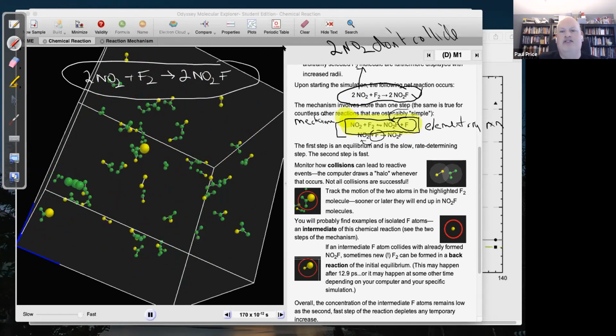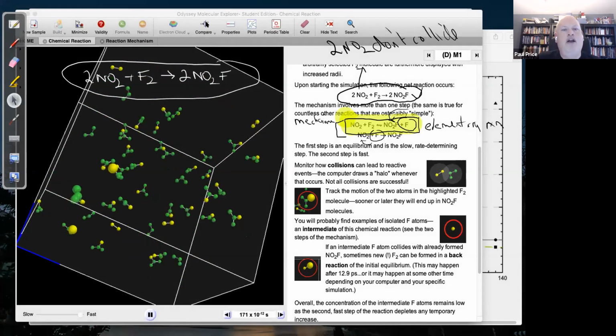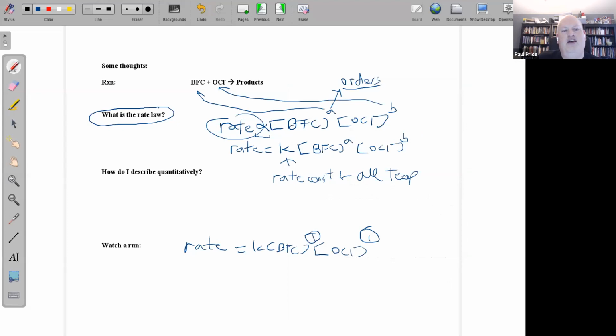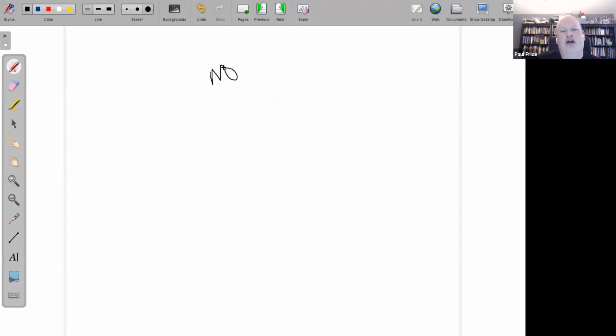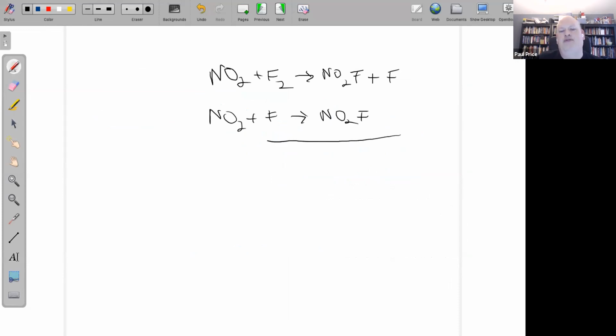So if I'm given a mechanism like this as a series of steps, what I have to do in looking at the NO2 reaction, NO2 plus F2 goes to NO2F plus F. And then NO2 plus F goes to NO2F. These two steps, of course, add up to the overall chemical reaction.